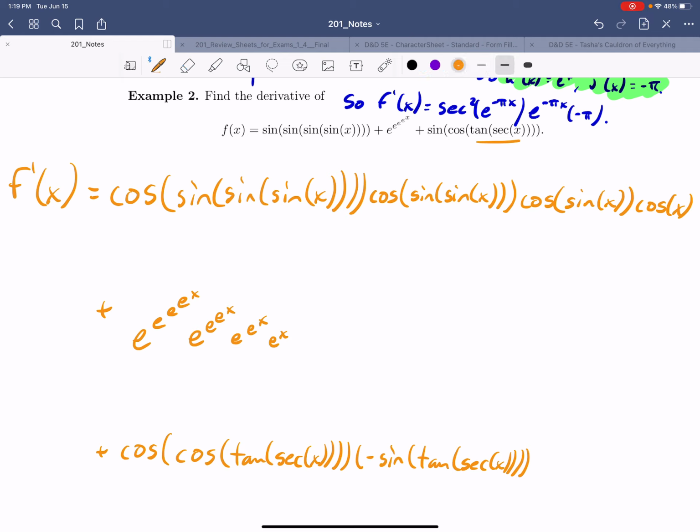Same sort of thing. Derivative of tangent. And then last but not least, derivative of secant. That's secant tangent.